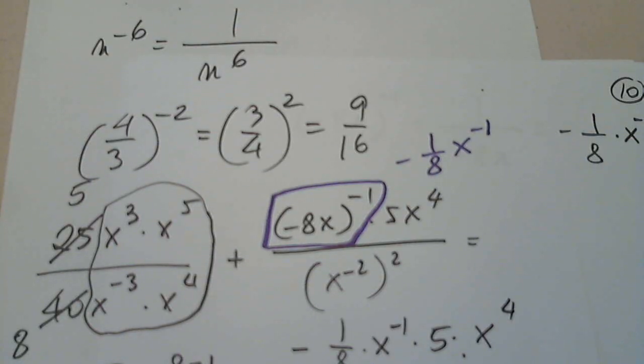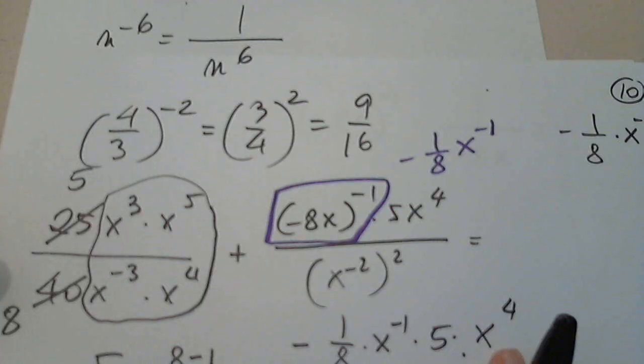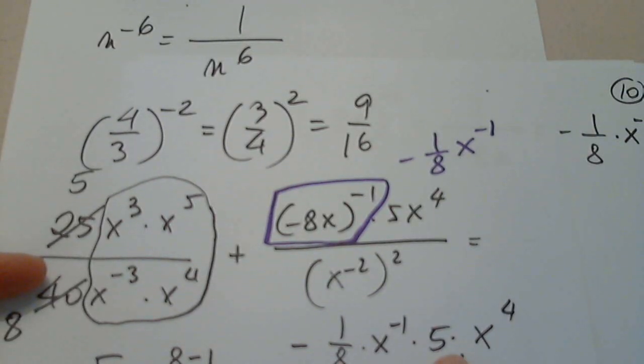The step on the second fraction, is it understood? Do I need to review or repeat or go back to any of these steps? Is it a yes? Is it a no? Makes sense. Okay, perfect. Now, -1 over 8 times 5 is -5.